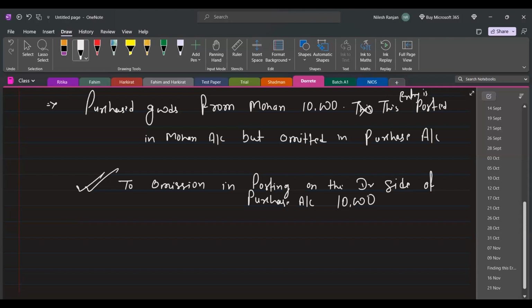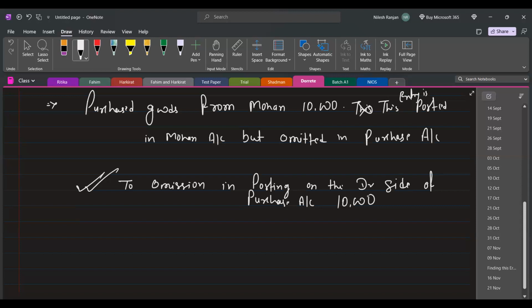So you don't have to write a journal entry, any account names in the ledger, or do any calculation. What you have to do is write a sentence.